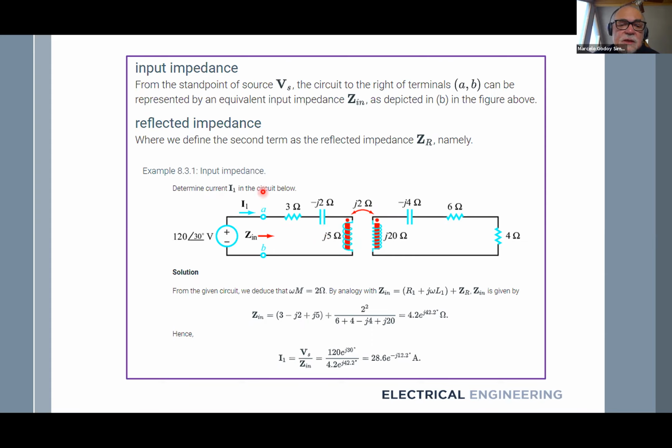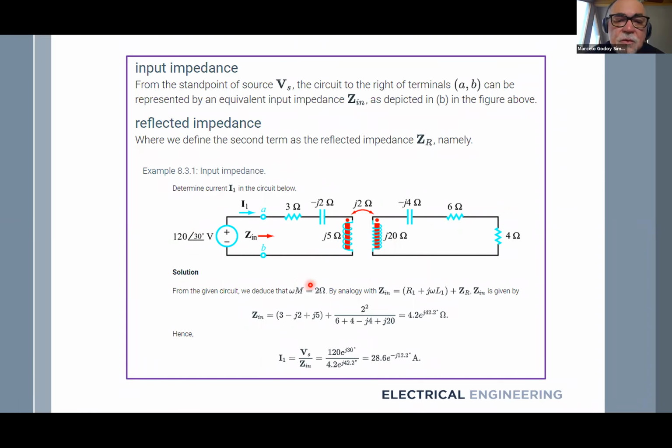So what's the Z in? If you look at the terminals A and B, what's the impedance given by this circuit to that particular voltage source? So if I find I1, I take that voltage and divide by I1 and I find Z in. So how can I find Z in?